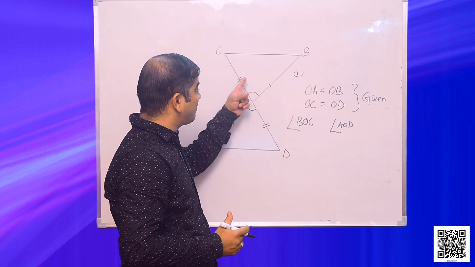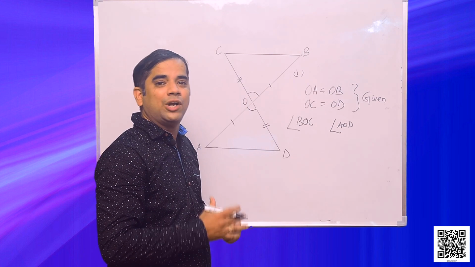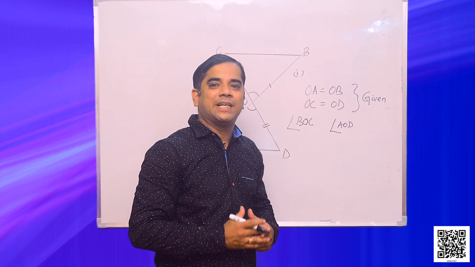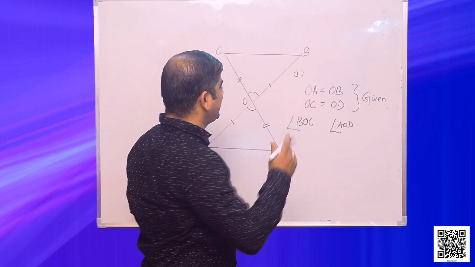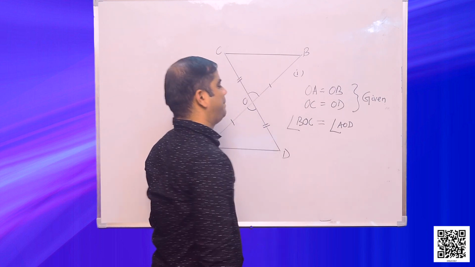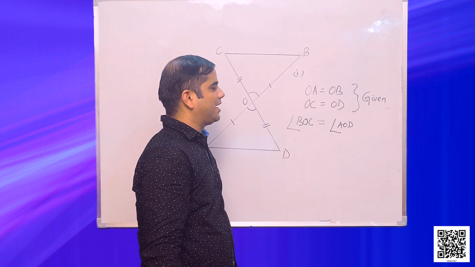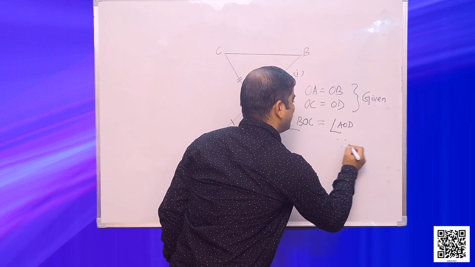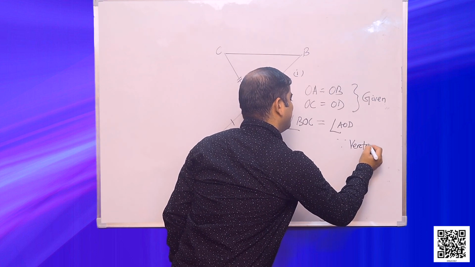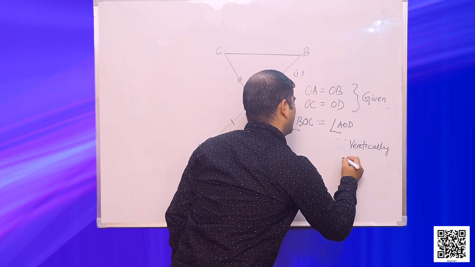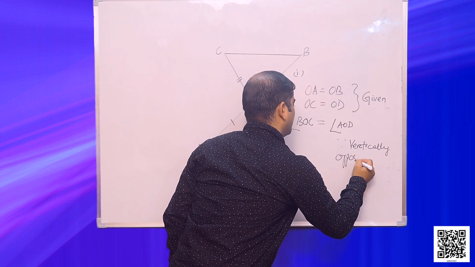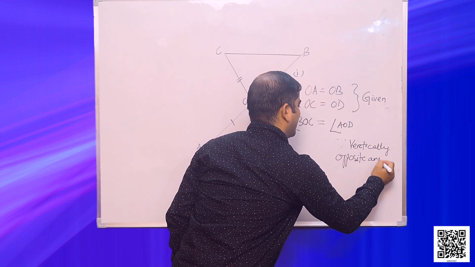Why? Because they are vertically opposite angles. We know that vertically opposite angles are equal to each other. So, angle BOC is equal to angle AOD, because vertically opposite angles are equal.